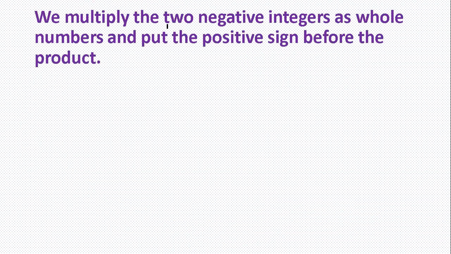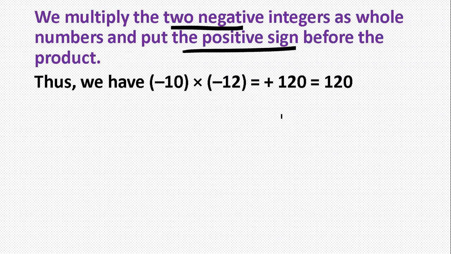Next, we multiply two negative integers as whole numbers and put the positive sign before the product. If a and b are two negative integers, we multiply minus into minus. We know that minus into minus is plus.